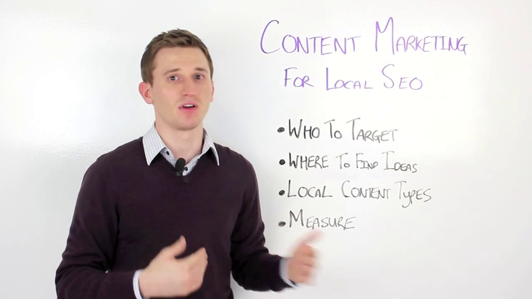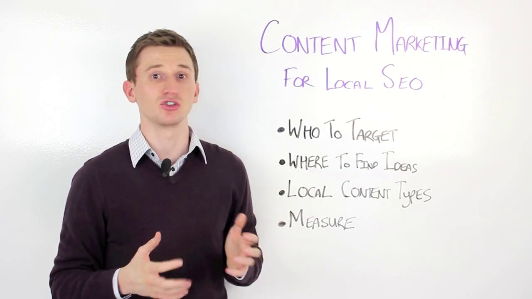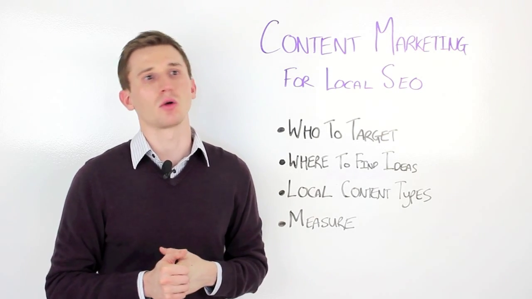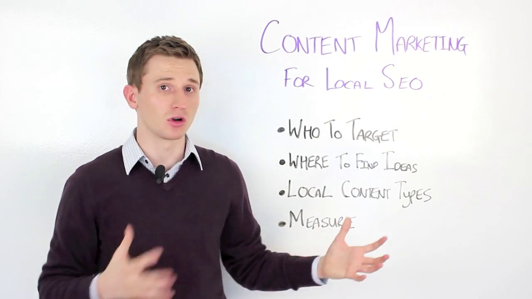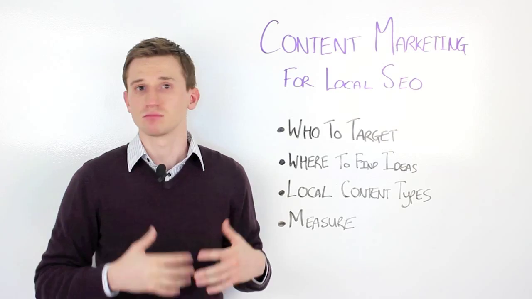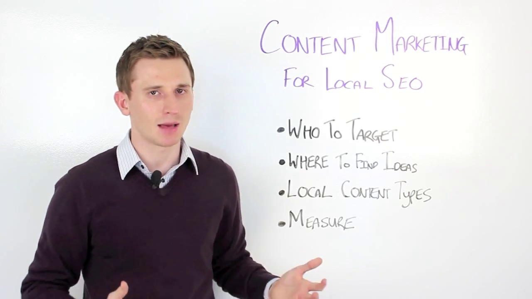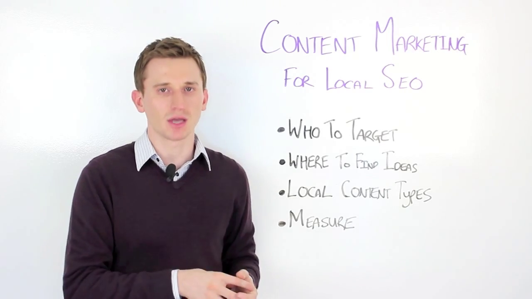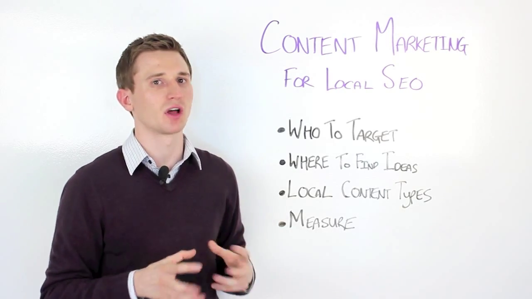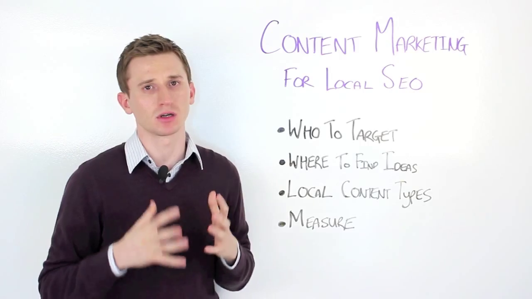To take this a step further, you could start to look to create user-generated content. So ask your customers, your users, to provide you with pictures and images of your local area, and again, with a description of why they love that particular landmark or something like that. This encourages and reinforces the idea of your location, and it's all good stuff when it comes to creating a local content marketing campaign.